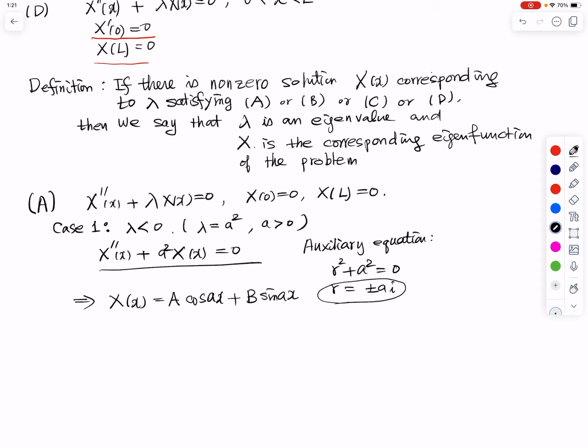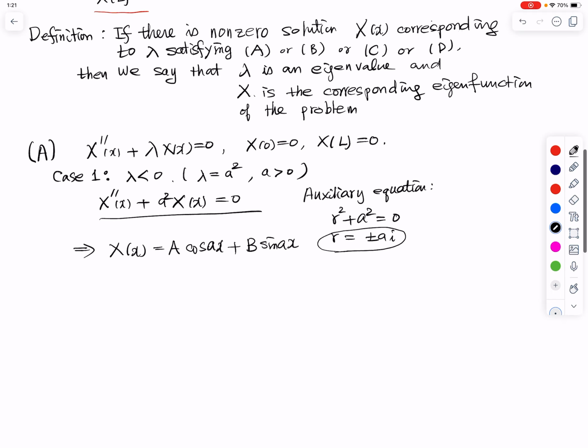And we want x to be a non-zero solution. I'm sorry, I got it wrong. I'm doing the positive case. I tried to do the negative, but I'm using the positive case.